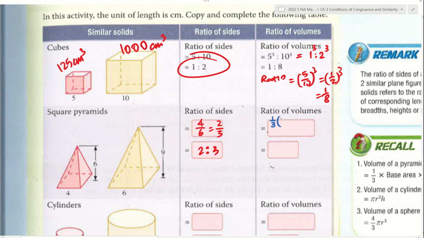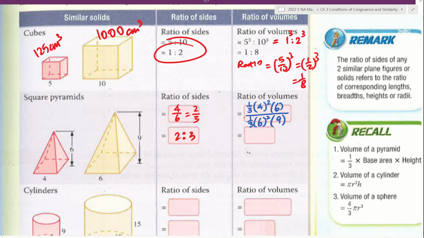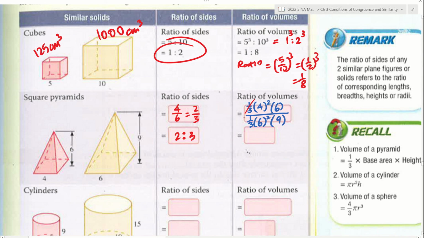Base area will be 4 times 4, so 4 square, times the perpendicular height, which is 6, divided by 1/3 base area, 6 square, times the perpendicular height, which is 9. What do you notice? Anything can cancel? Oh, sorry, 1/3 and 1/3, yes, cancel. Oh, cancel, cancel. Oh, that 4 square and the 6 square.